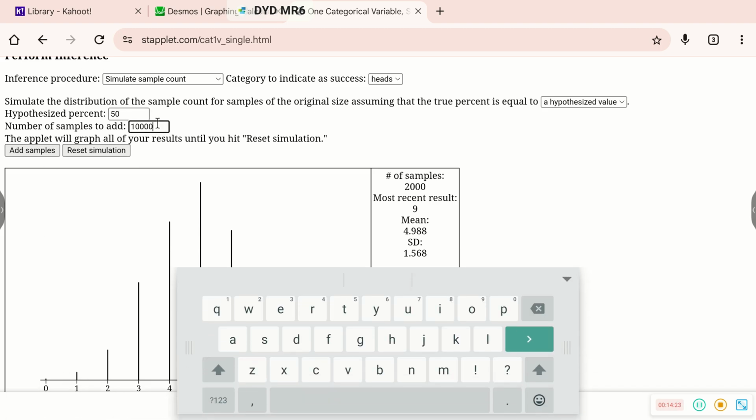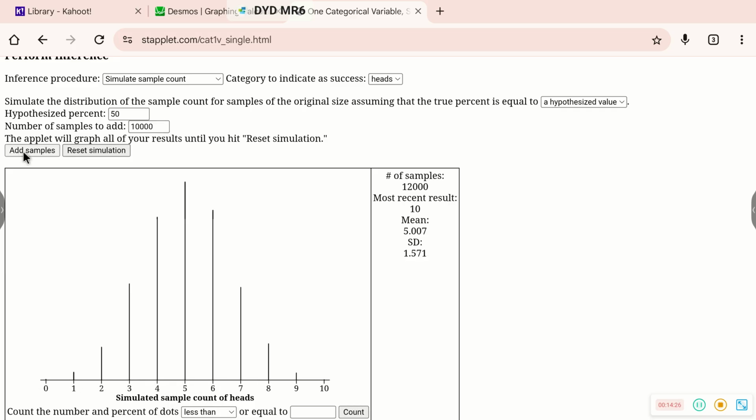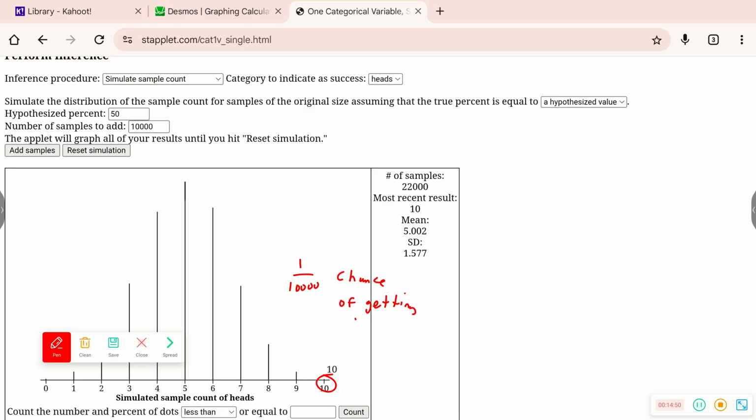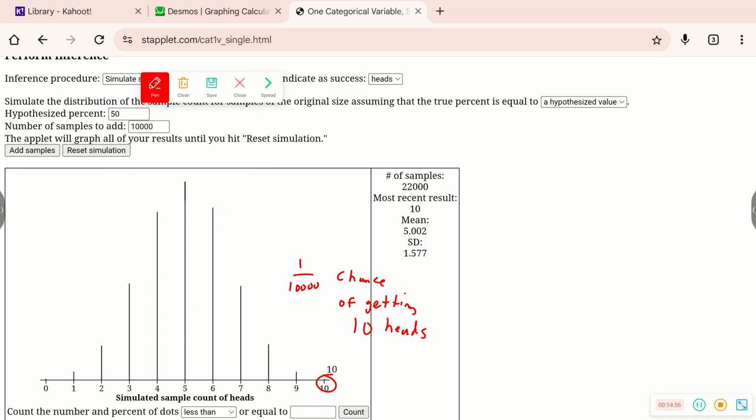If we did 10,000, now there's 1 dot on 10, so basically if we did this 10,000 times, based on our simulation, just showing y'all here, there's a 1 in 10,000 chance of getting 10 heads. So you can play around with that a little bit.